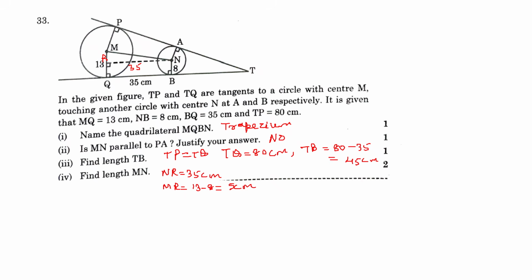Now we will use Pythagoras theorem. MN square is equal to 35 square plus 5 square. 35 square is 1225 plus 25. If you add, you will get 1250. So MN will be root of 1250 and you will get the answer as 25 root 2 centimeter. This is the measure of MN.